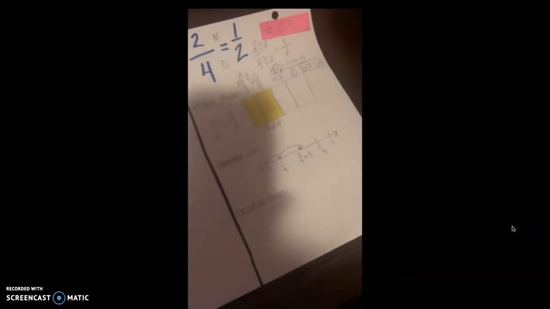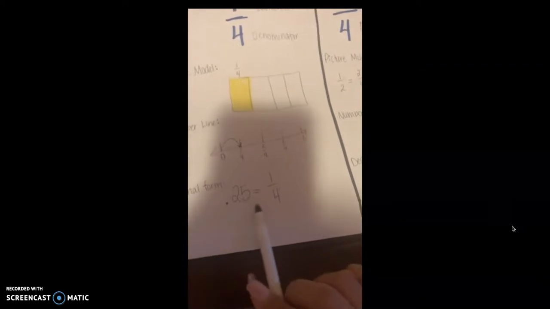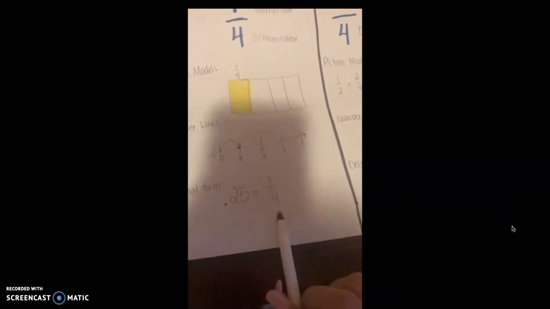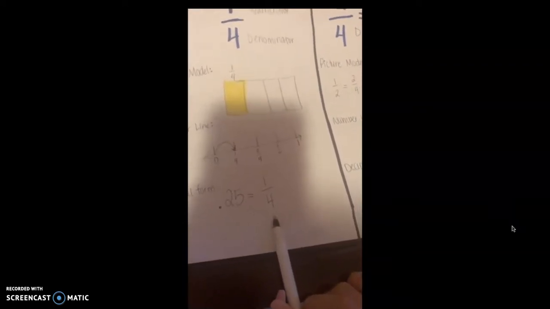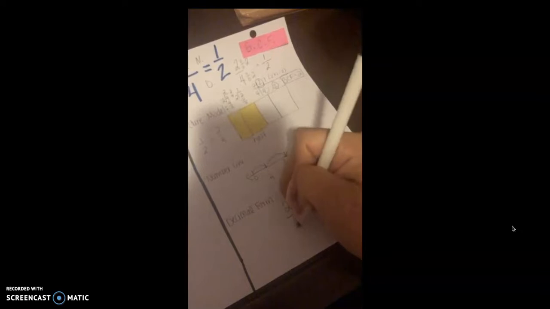Now, what is 1/2 or 2/4 in decimal form? So now remember how I told you guys to think about quarters. If you have 1/4, or 1 out of the 4 quarters that you need to make 1 whole, or $1, that means you only have 25 cents. But now in this case, you have 2 out of the 4 quarters you need. So if you have 2 quarters, how much do you have in total?